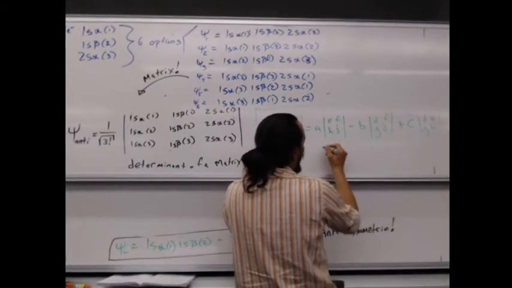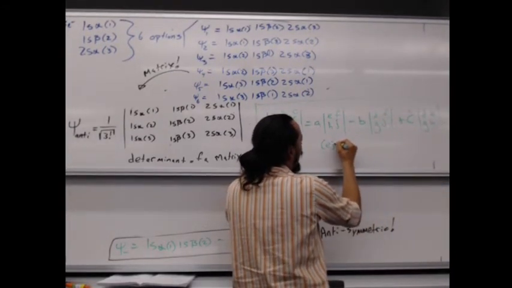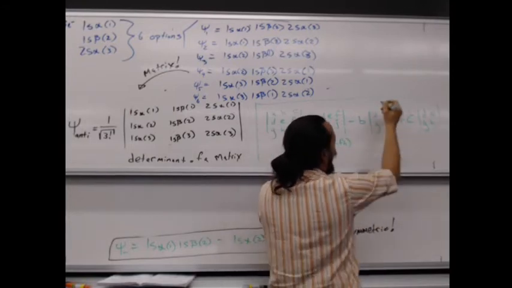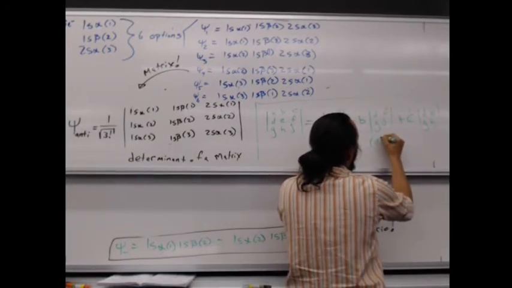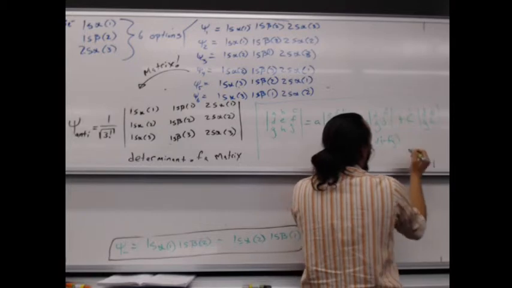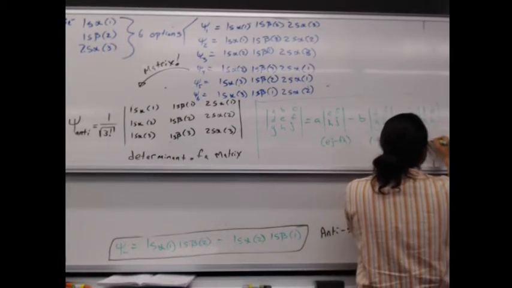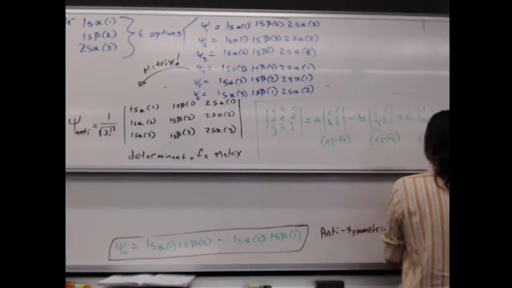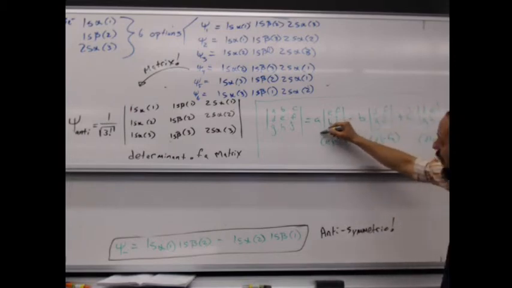So this would be EJ minus FH. This would be DJ minus FG. And this would be DH minus EG.